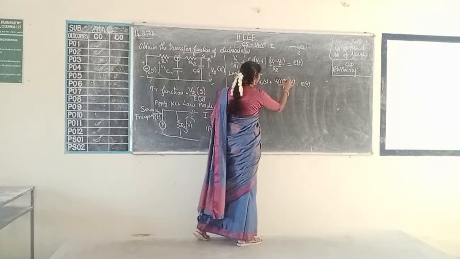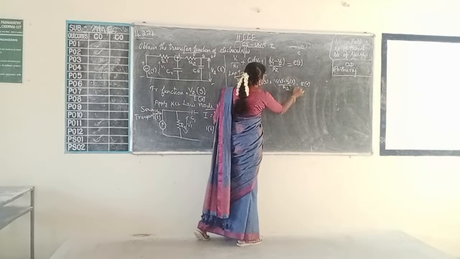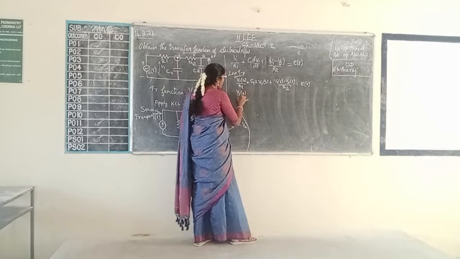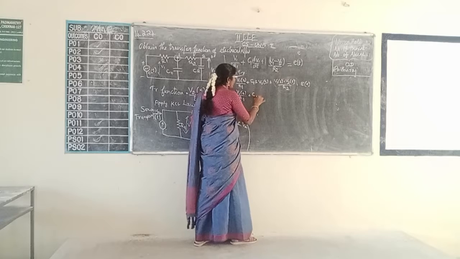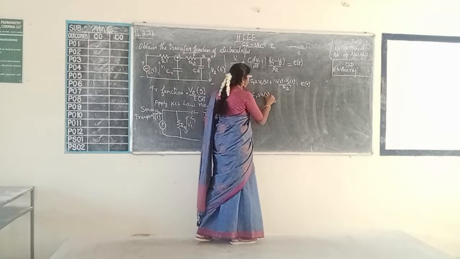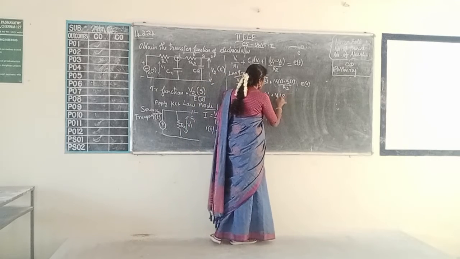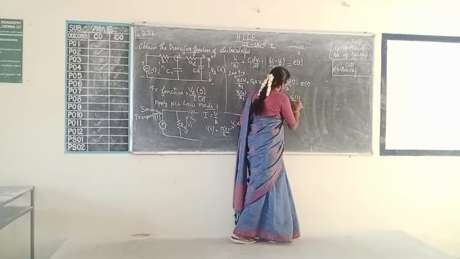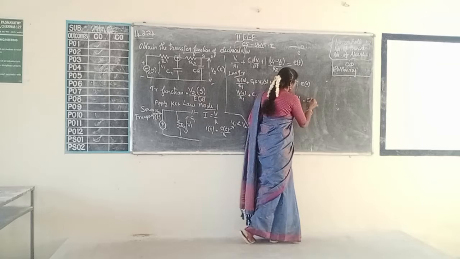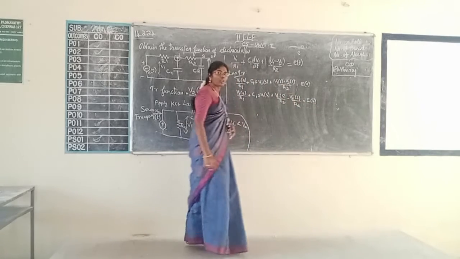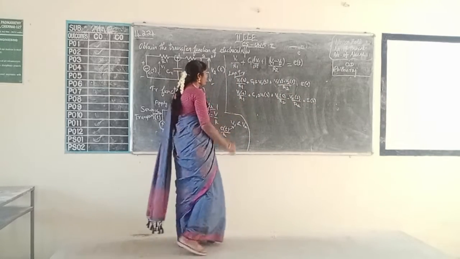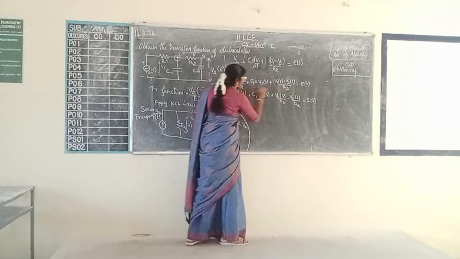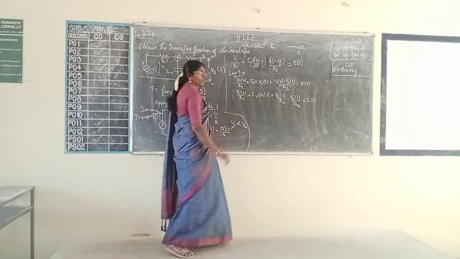Just split this R2 term into two terms: V1 of s by R1 plus C1 s V1 of s plus V1 of s by R2 minus V2 of s divided by R2 is equal to E of s. Okay, and now bring V1 of s and take it common outside, the first three terms, right? So you take it common outside.